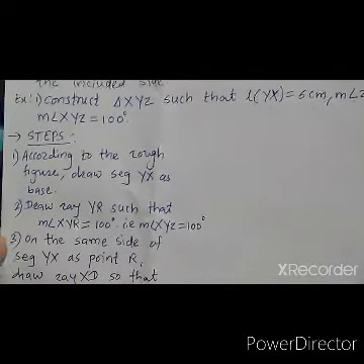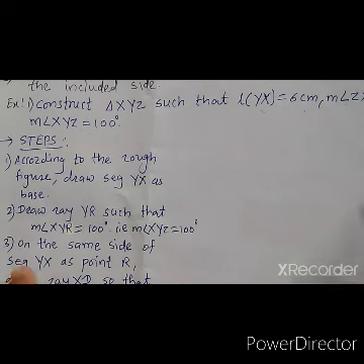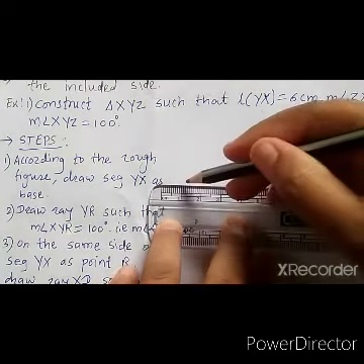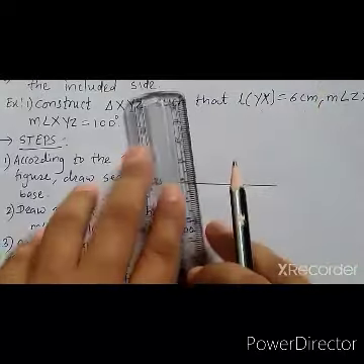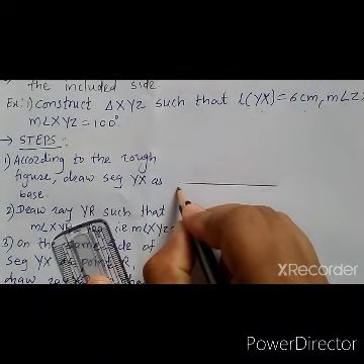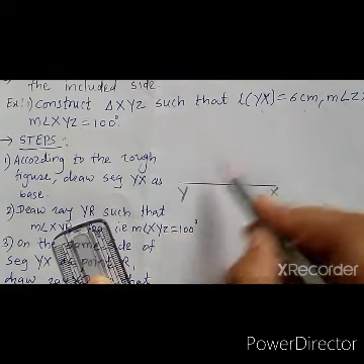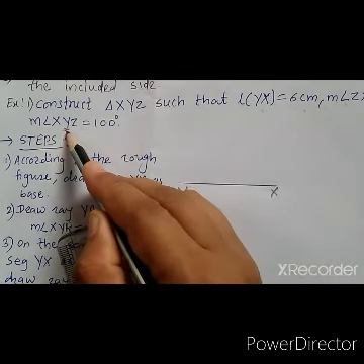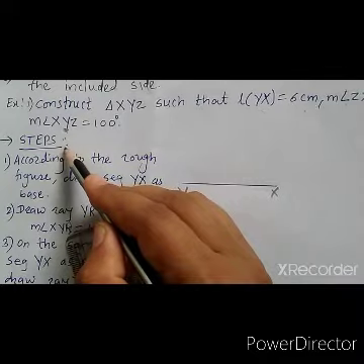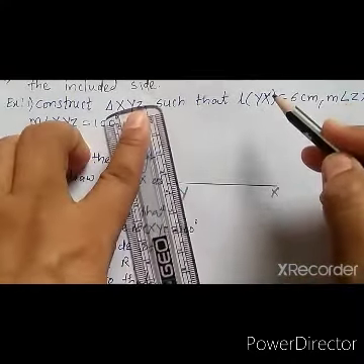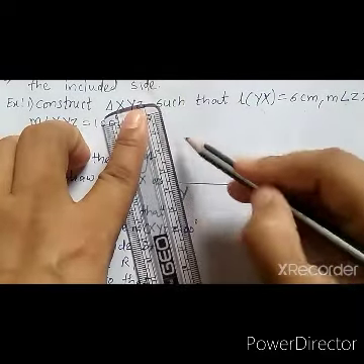So step number 1, according to the rough figure, we can draw segment YX as base. So first we have to draw the rough figure. So this is YX, angle XYZ. It means that angle Y is given 100 degrees. 100 degrees means greater than 90 degrees, so it is an obtuse angle.